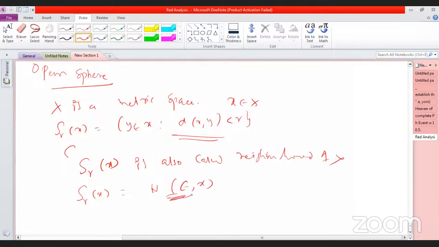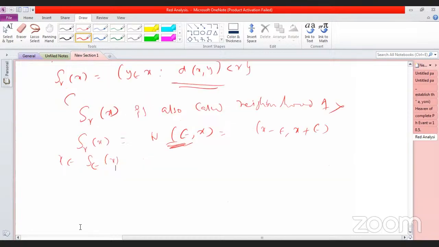Epsilon. Very good. Then we simplify: S_epsilon(x) is x minus epsilon to x plus epsilon. Open sphere, so we can take S_epsilon(x) equal to (x minus epsilon, x plus epsilon). So x belongs to S_epsilon(x).